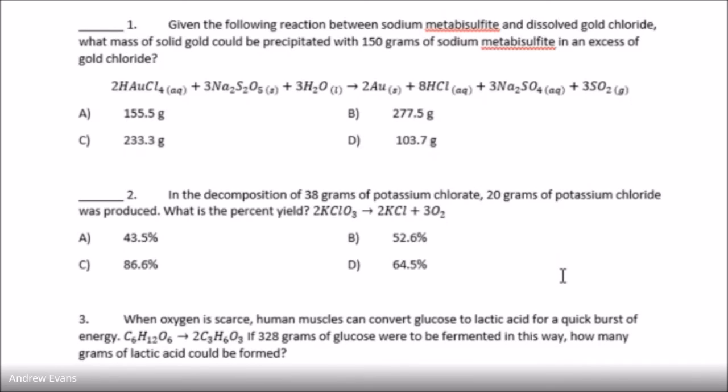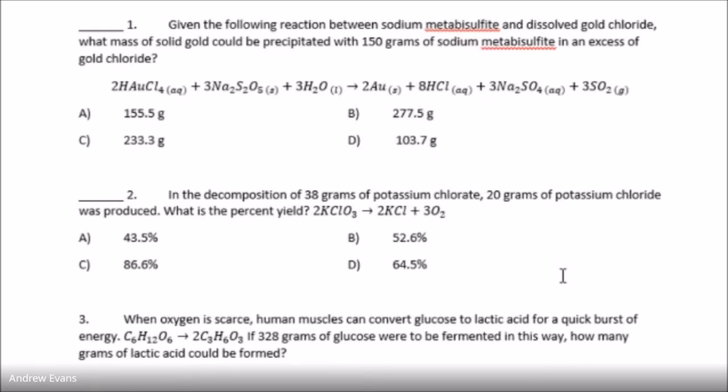So gold, Au, and whatever the metabisulfite, you know that you recognize the word hopefully sulfur, and the word sodium. The sodium metabisulfite, the big thing that is not water and not gold chloride, is your sodium metabisulfate. So we have 150 grams of Na2S2O5.